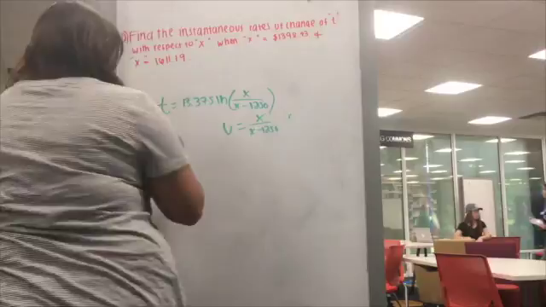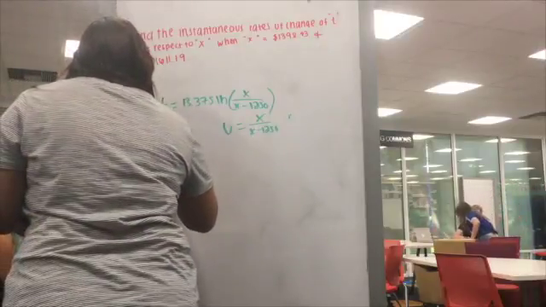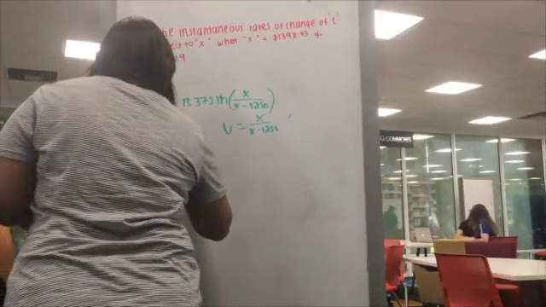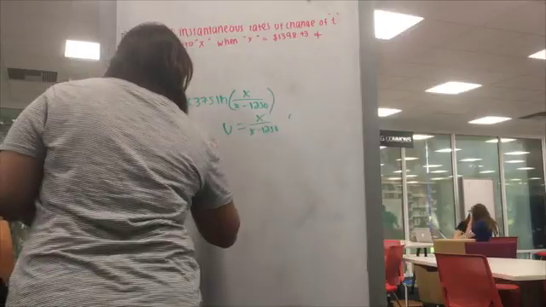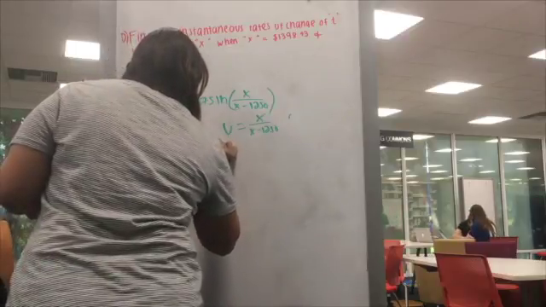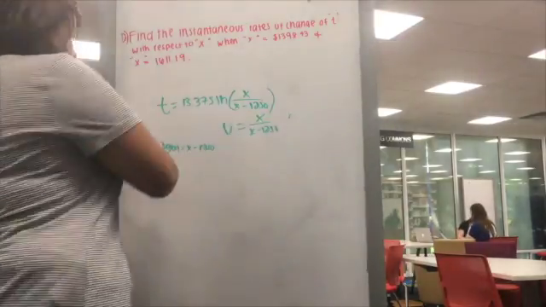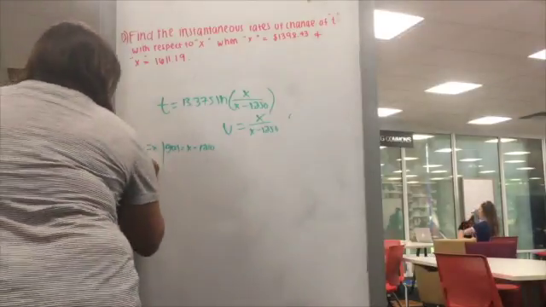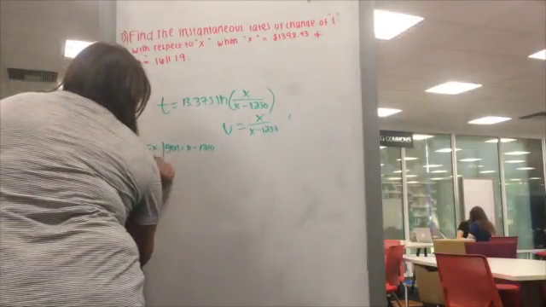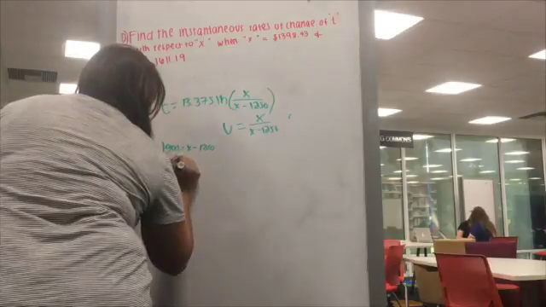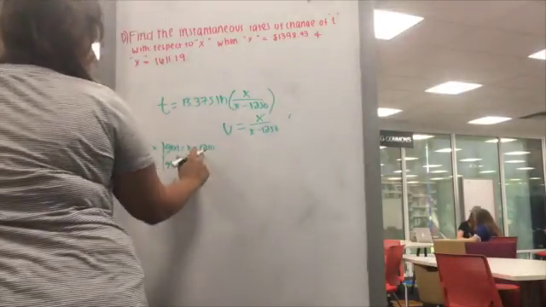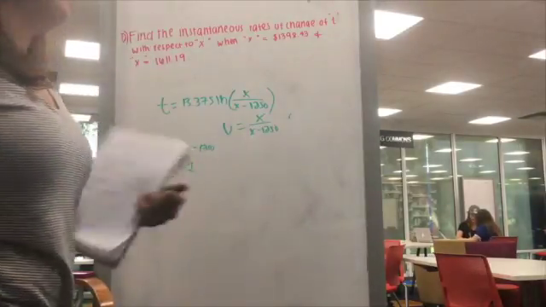I'm gonna bring it over here. When you derive these two, you get that f prime of x is equal to 1 and g prime of x is equal to 1, as this one cancels out and x alone is 1.